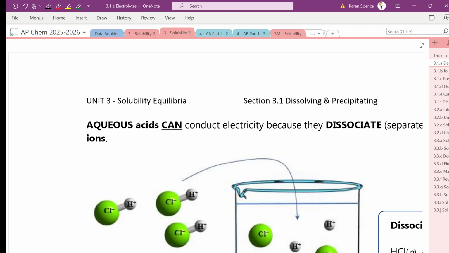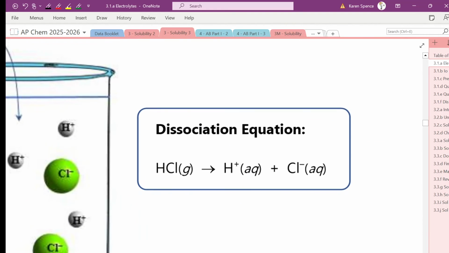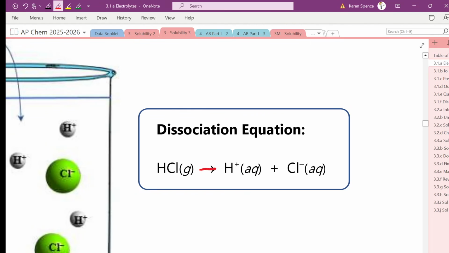Aqueous acids can conduct electricity because they dissociate or separate into free-floating ions. And of course, we could have our one-way arrow for a strong acid.